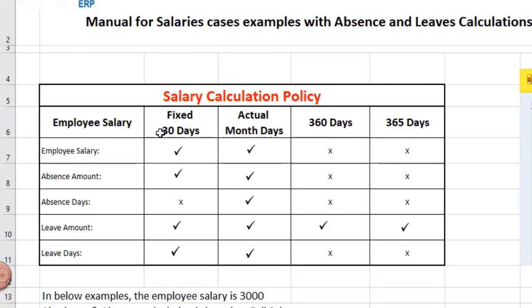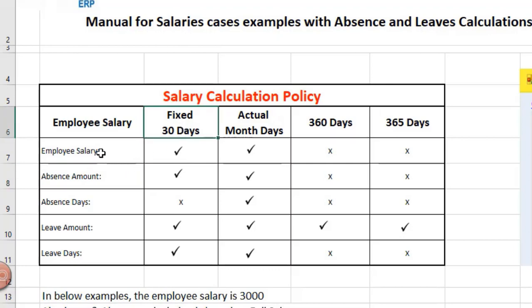So basically, we have the fixed 30 days, we have actual month days, 360 days, and 365 days. We will see whether each one of these items applies to those column titles right here or not.